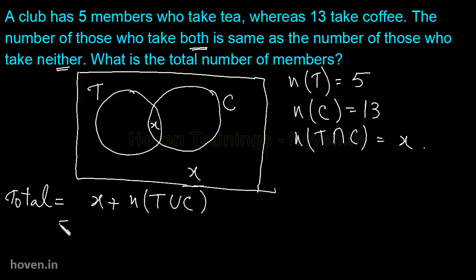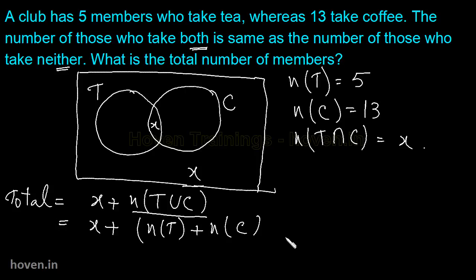We can write it as X plus, so I have n(T) and n(C), so the formula that involves n(T) and n(C) will be used, not the underscore one. So I'm putting the formula for this here in these brackets. What I'll write is n(T) plus n(C) minus n(T intersection C) and close the bracket here.